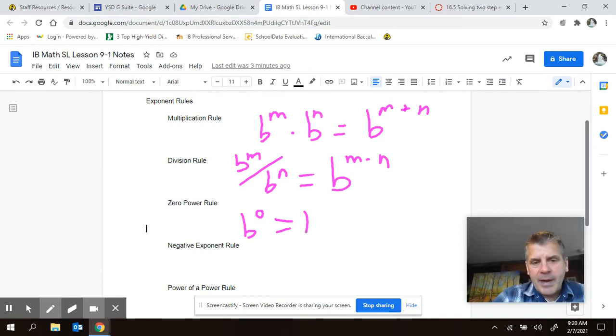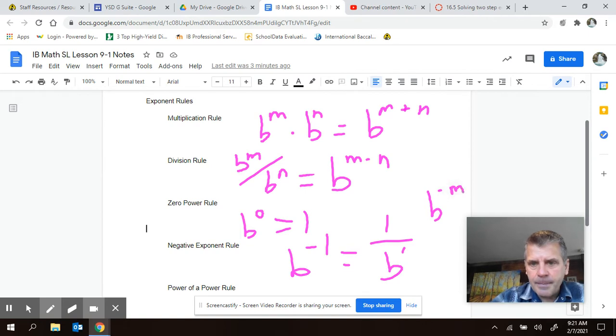When you have a negative exponent, that rule states this: if we have a base number to a negative, we can simply invert that, and it becomes as such. So the more general form of that is if we have b to the negative m, that is the same thing as 1 over b to the m.